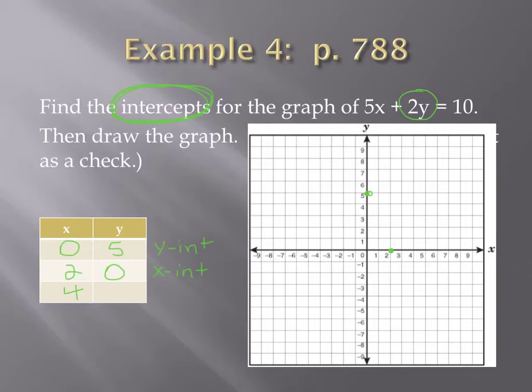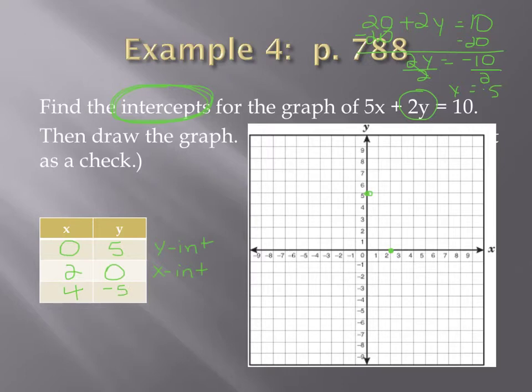So if I do 5 times 4, then that gives me 20 plus 2y equals 10. So I can subtract 20 from both sides. And that gives me 2y equals negative 10, because I have 10 minus 20. Divide by 2, and y equals negative 5.